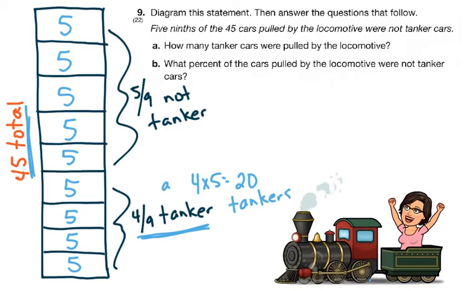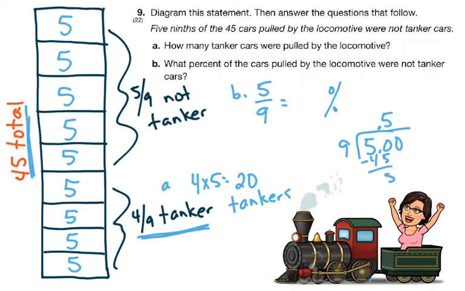Then it said, what percent of the cars pulled by the locomotive were not tanker cars? So for B, you should have told me 5/9 equals a percent, and you should have changed it to a percent. The best way to do that is 5 divided by 9. 9 will go into 55 times, which is 45, which gives me a remainder of 5, and it looks like it's going to continue on.